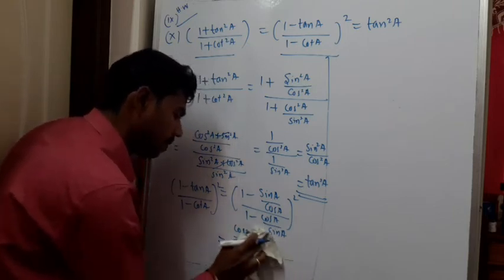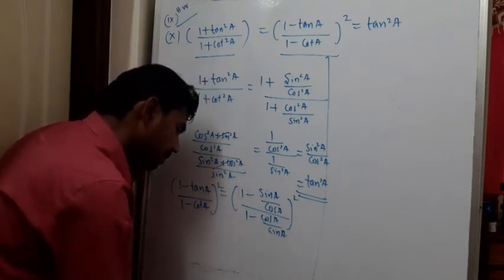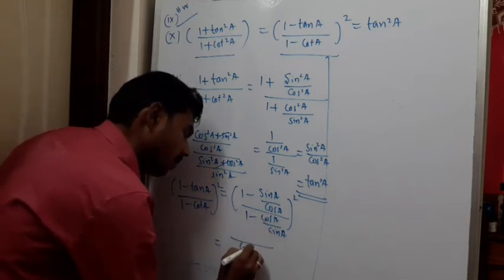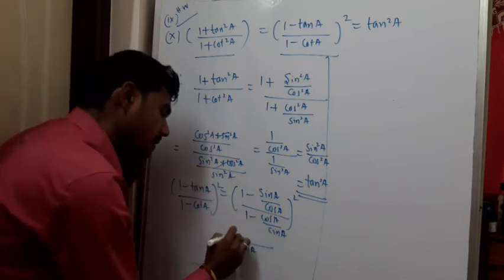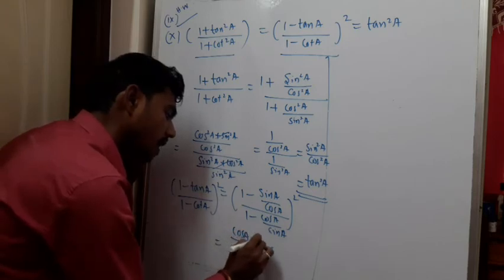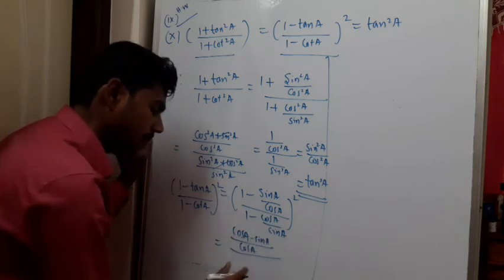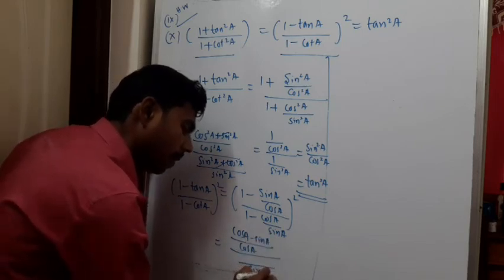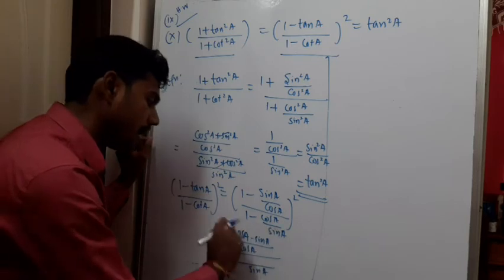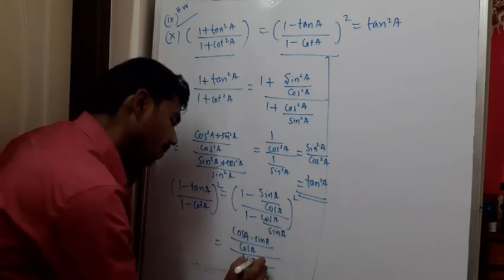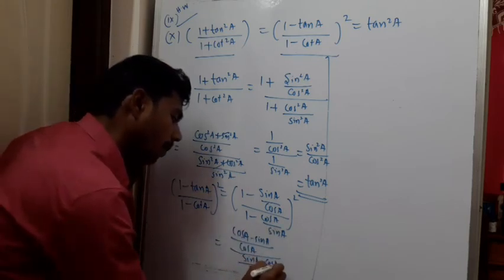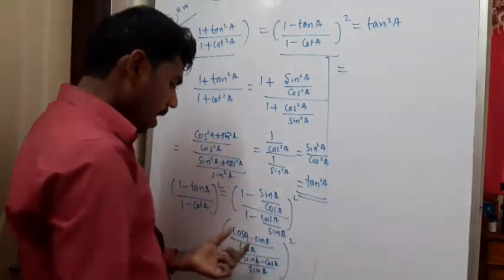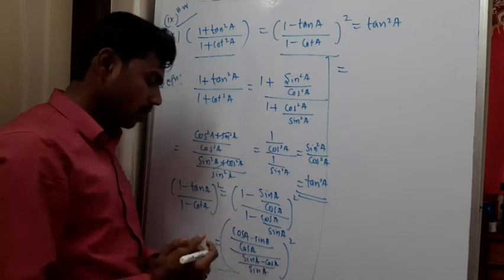So to avoid the confusion, what is the LCM here? Cos A is the LCM. Fine. Cos A minus sin A divided by, here what is the LCM? Sin A is the LCM, then sin A minus cos A divided by sin A, whole square. Now we have cos A minus sin A, and we have sin A minus cos A.